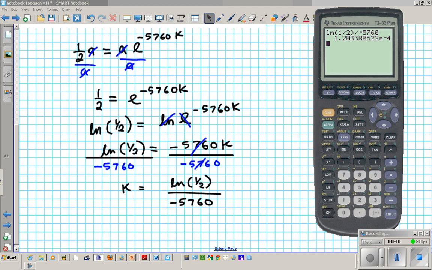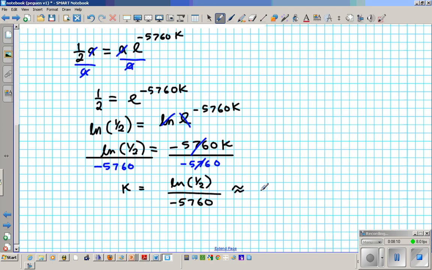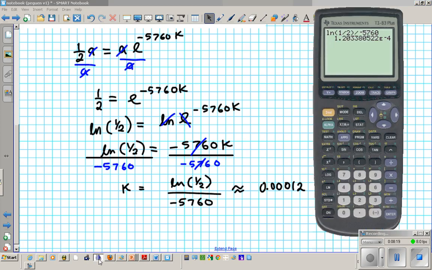So that's gonna be approximately 0.00012. Okay, so in the calculator, I have to move the decimal point forward.